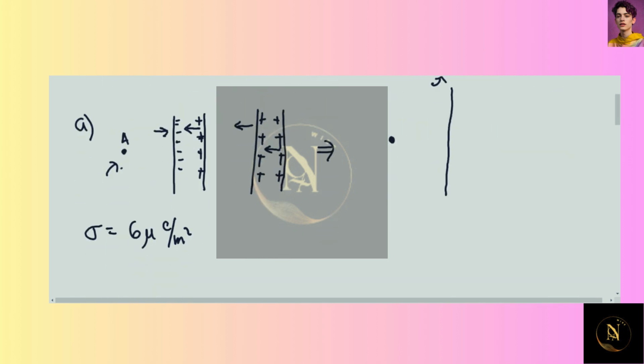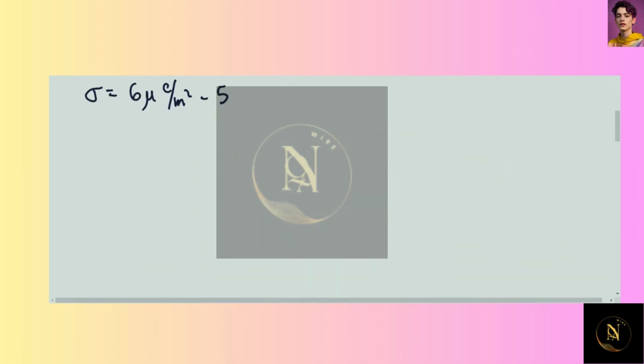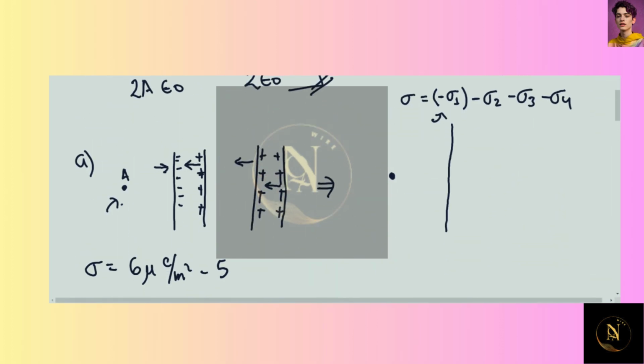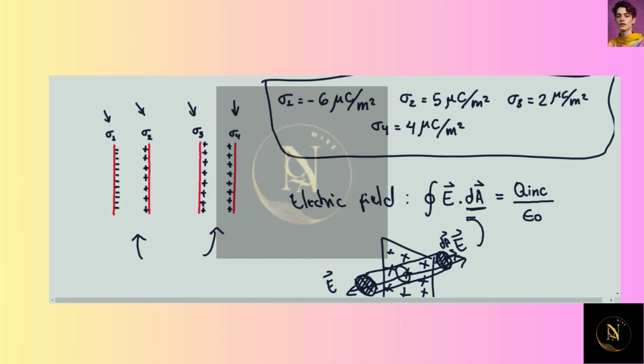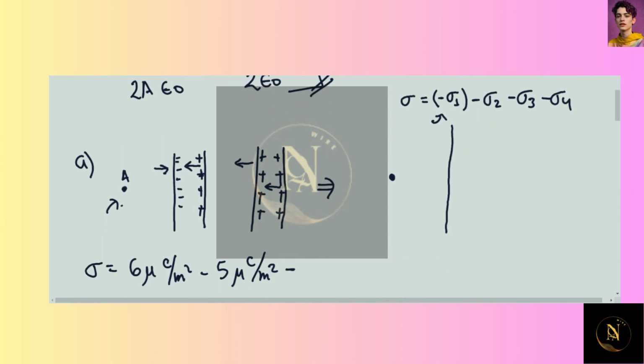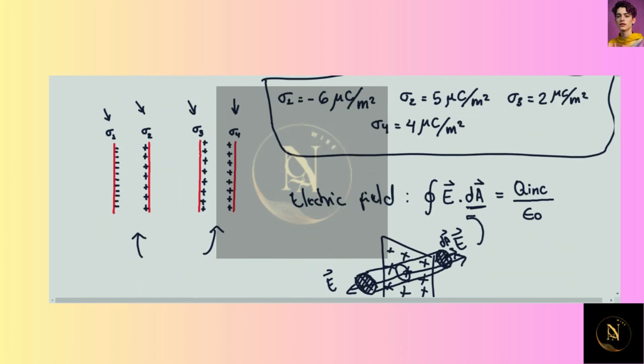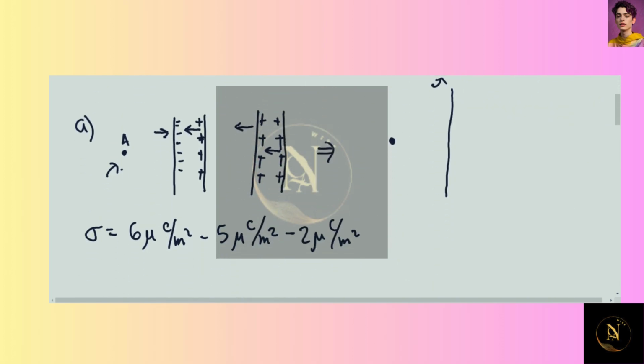For sigma 2 we have minus 5 micro coulombs over meter squared, minus sigma 3, which is 2, and minus 4.